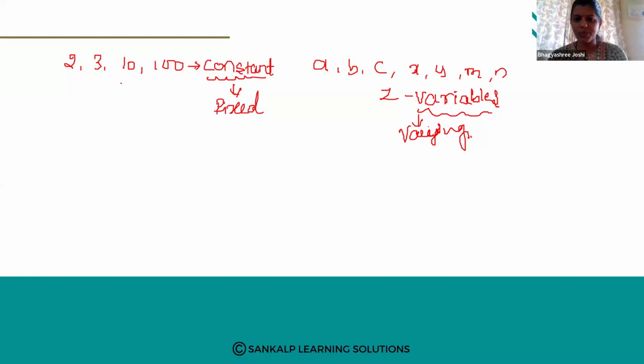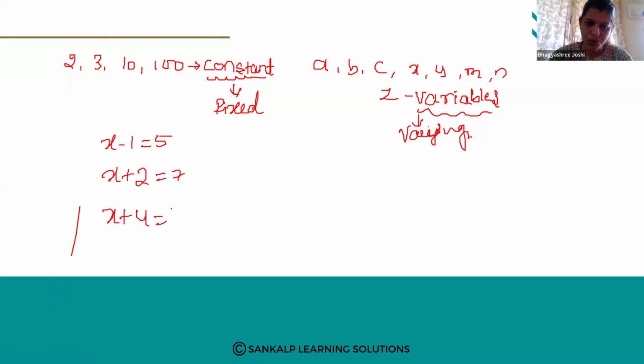But A, B, C, X, Y. See, if I write x minus 1 is equal to 5, x plus 2 is equal to 7, and x plus 4 is equal to 9. Okay, then what is the value of x here? X is equal to, transfer minus 1 to this side, you will get 5 plus 1. That means 6 you will get, right? Next, if you transfer 2 to this side, x is equal to 7 minus 2.